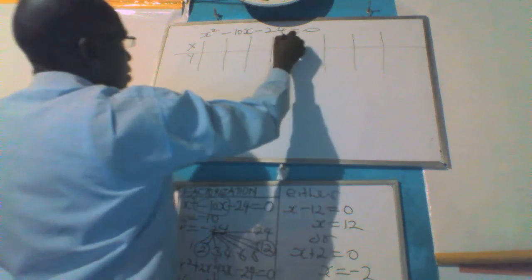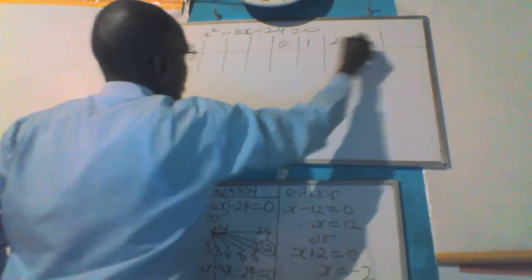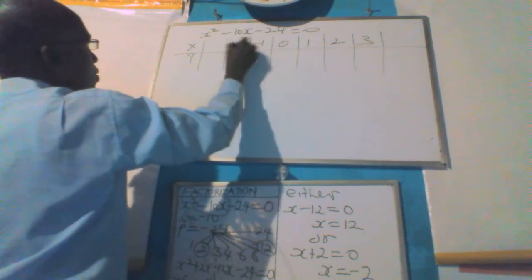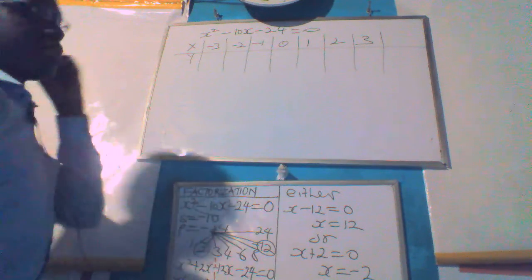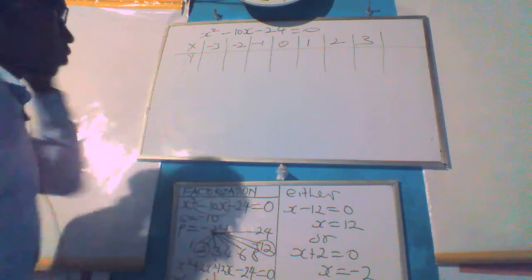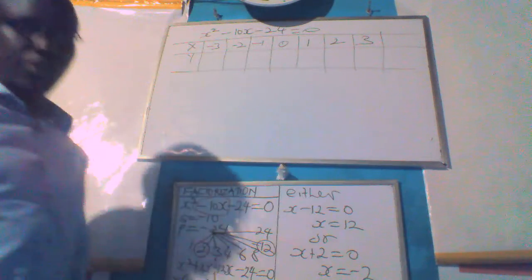So we take 0, 1, 2, 3, minus 1, minus 2, and minus 3. Where there is x, we put the values of x, and then we operate the expression to get the corresponding values of y.